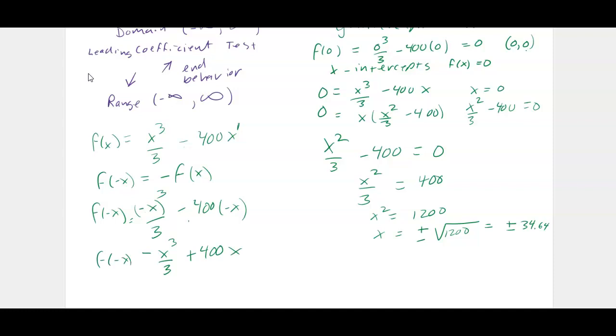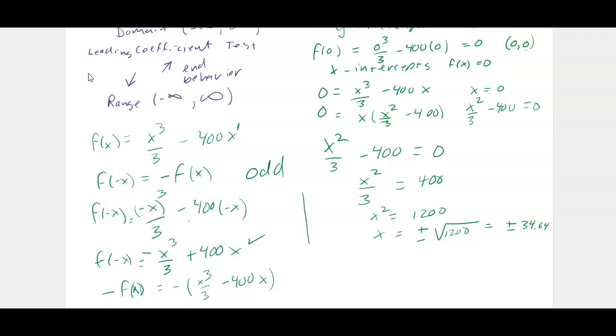And I can check and see what if I did the opposite of f of x. That'd be the negative of, you got to be careful of the parentheses. And I can see when I distribute this negative, I indeed do get what's here. So this function is odd.